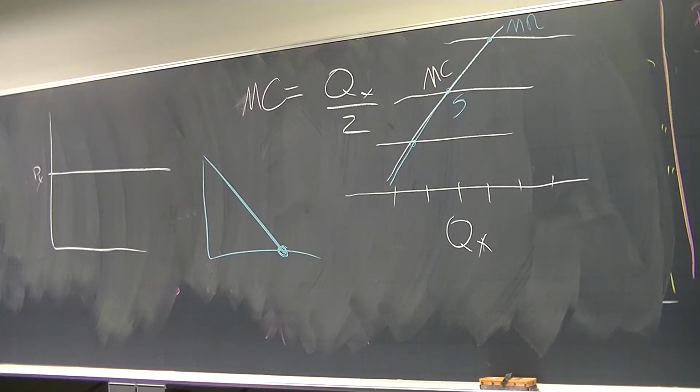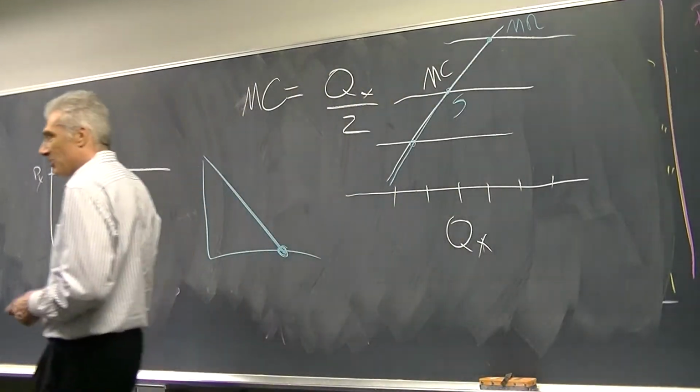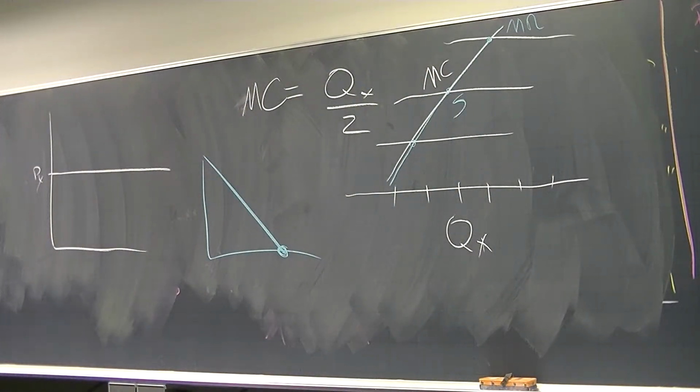The only way that you would produce is if your marginal cost is 0, and then firms are going to enter the market until the price is 0. So your marginal cost equals marginal revenue.